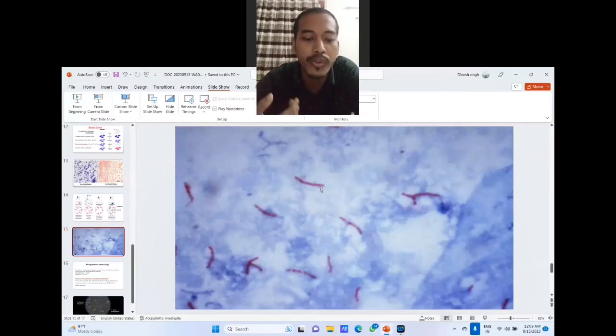The first thing we do in the hospital is an acid fast stain, or Ziehl-Neelsen stain, for acid fast bacilli. After completing the staining, if this person is really suffering from TB, we will see rod-like structures, red in color, under the microscope. This is the reason behind doing the Ziehl-Neelsen stain.